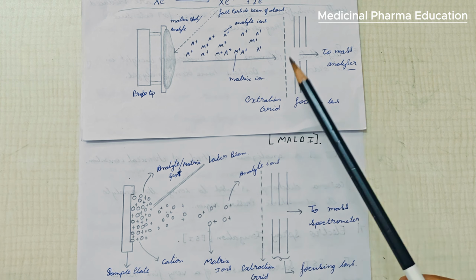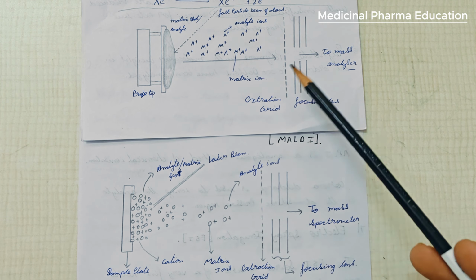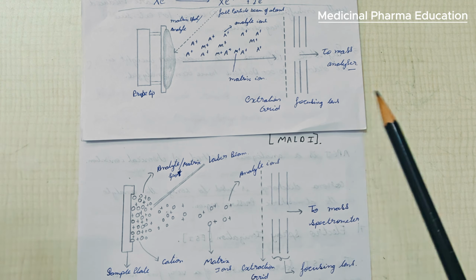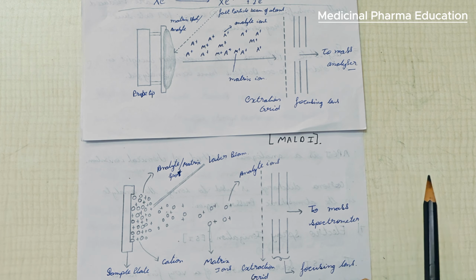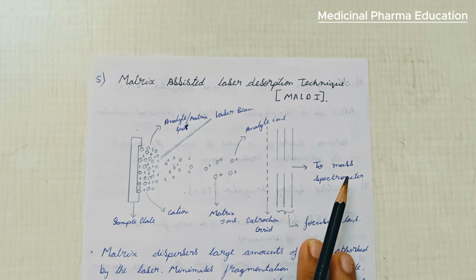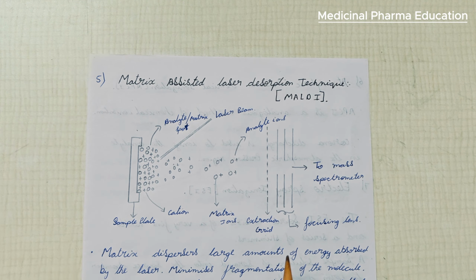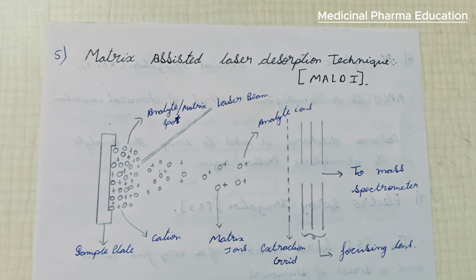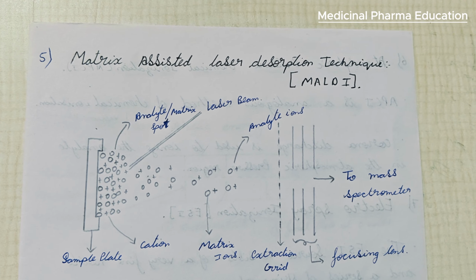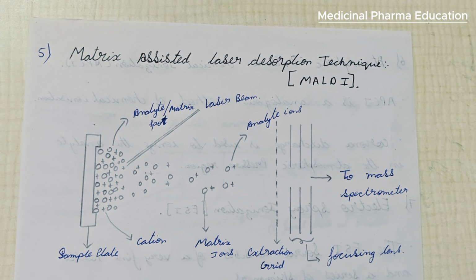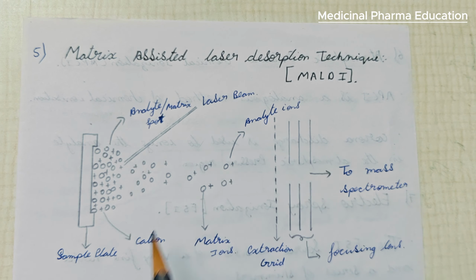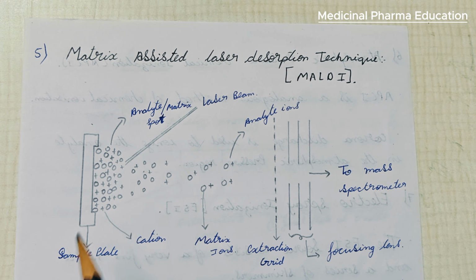That's the basic difference between these two, but they are quite similar. The instrumentation and the process are similar. You are using a laser instead of inert atoms to excite the molecule.